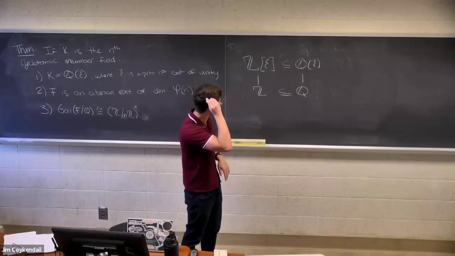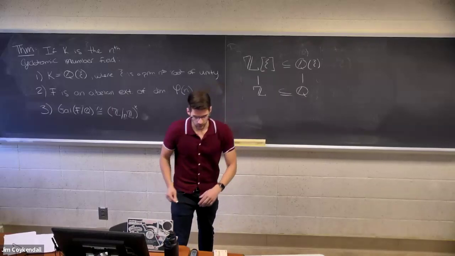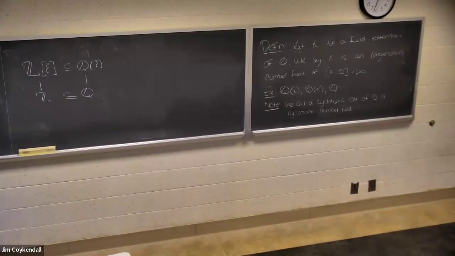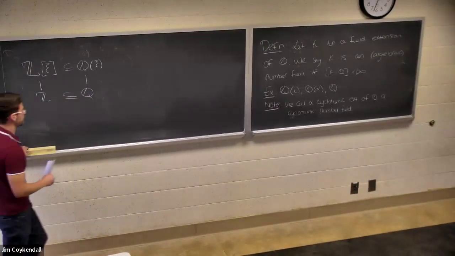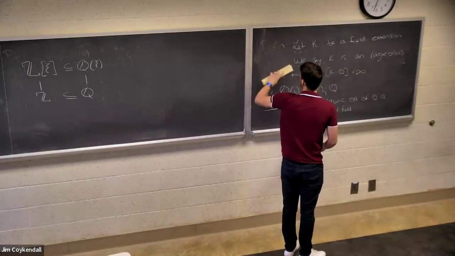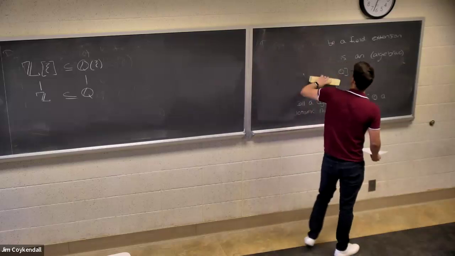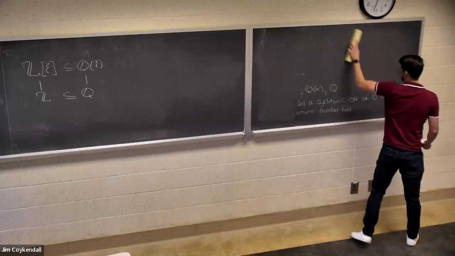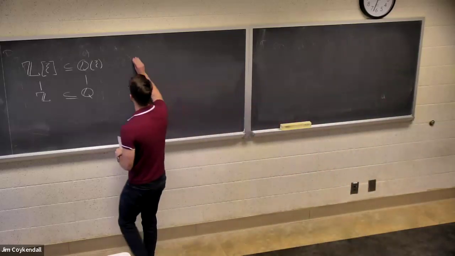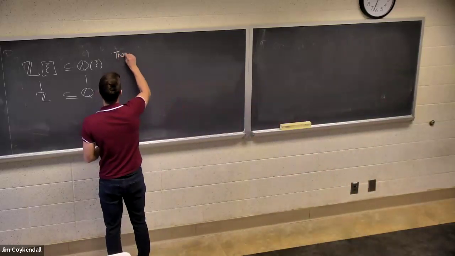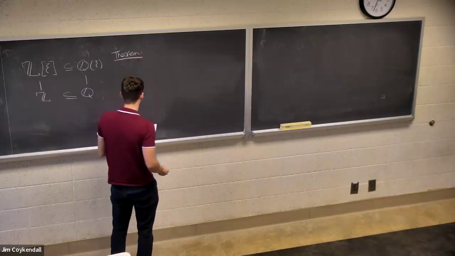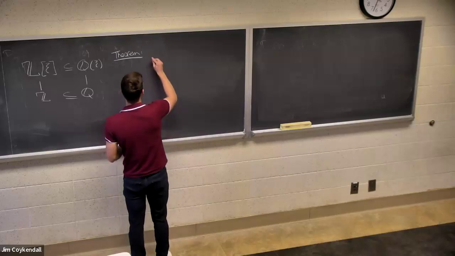Right. So the first question that I want to try to tackle is going to seem like it has absolutely nothing to do with these field extensions. And that's kind of the beauty of it. Maybe you saw this before in an undergraduate number theory class.